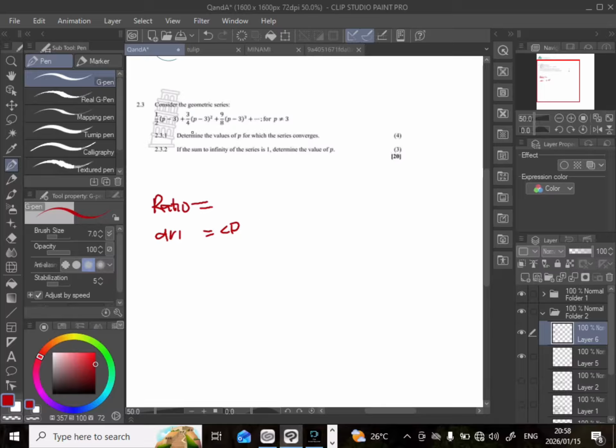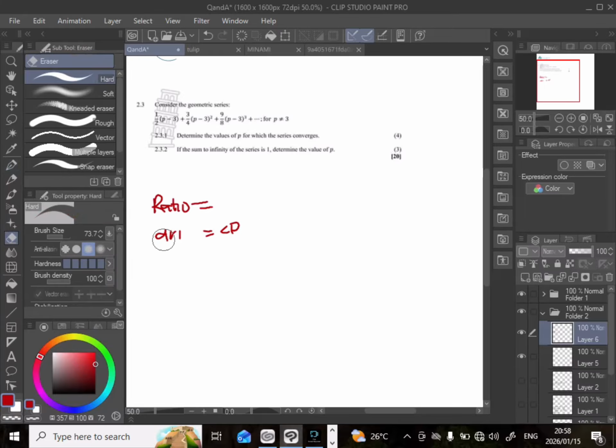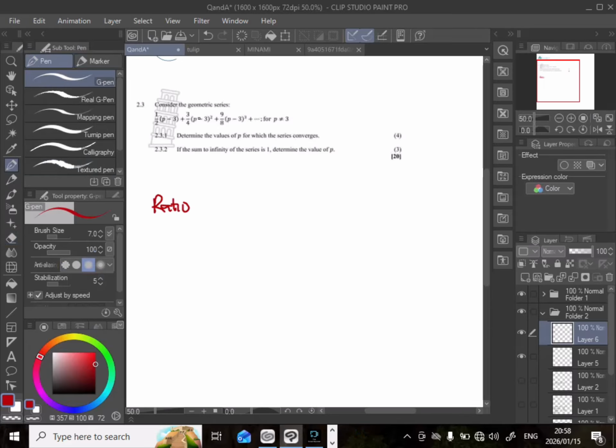Just remember, each and every time they give you variables and want you to solve for the variable, you have to either use the ratio if it's a geometric series, or the constant difference if it's a quadratic or an arithmetic sequence.